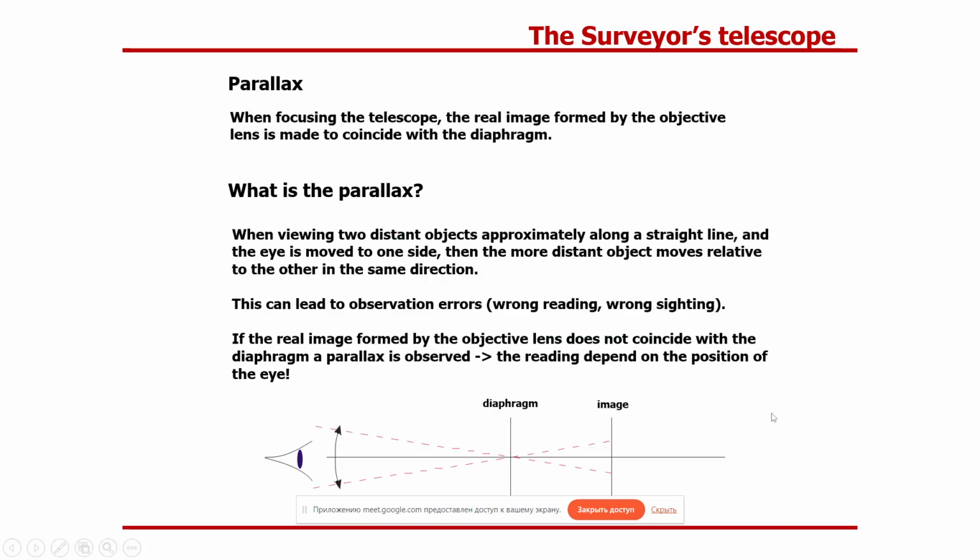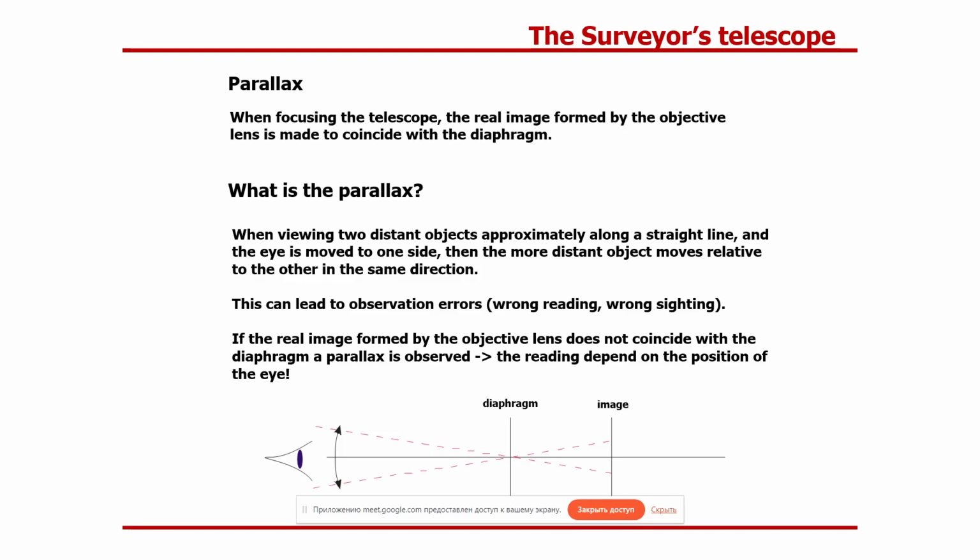Parallax. When focusing the telescope, the real image formed by the objective lens is made to coincide with the diaphragm. What is parallax? When viewing two distant objects approximately along a straight line, and the eye is moved to one side, then the more distant object moves relative to the other in the same direction.